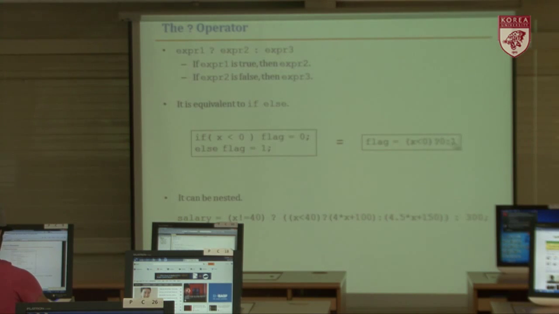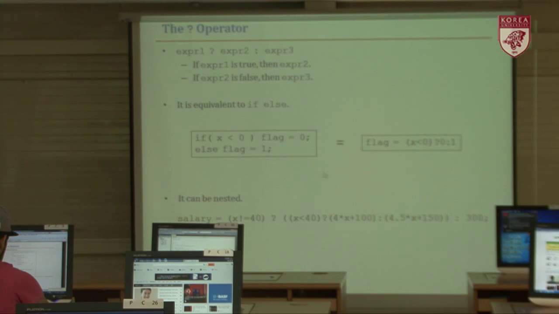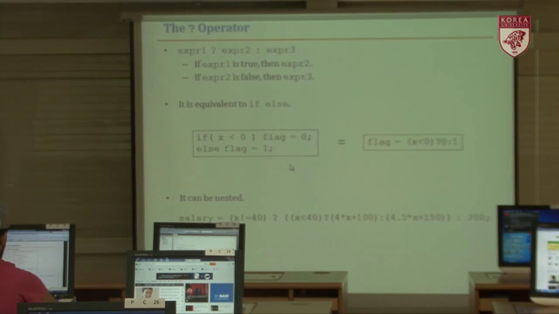If not, then we use 1. So the flag's value becomes 0 if x is less than 0, or 1 if x is larger than or equal to 0. This ternary operation is just equal to this if else statement. So these are the three major ones we have learned.